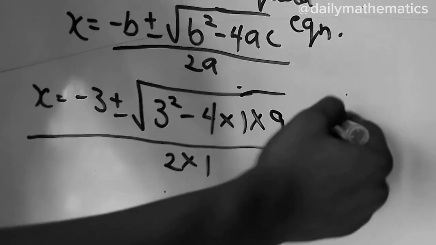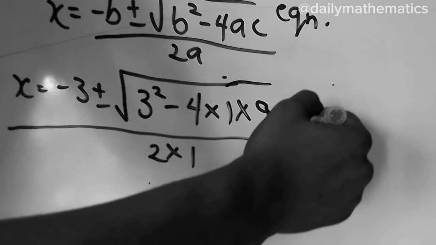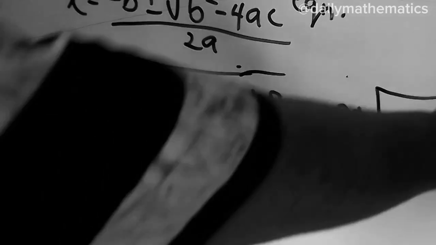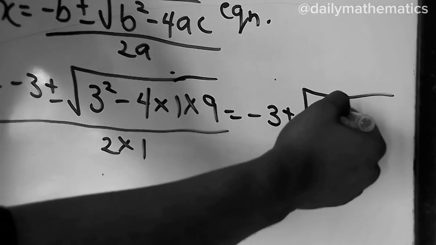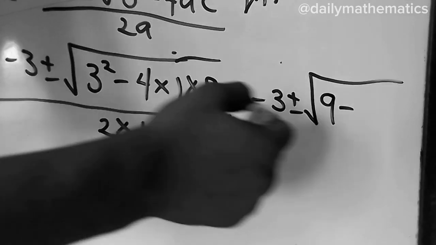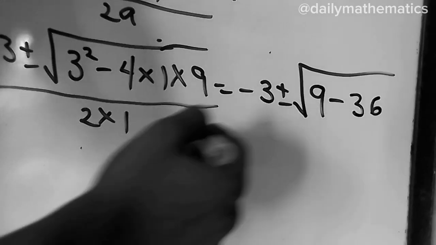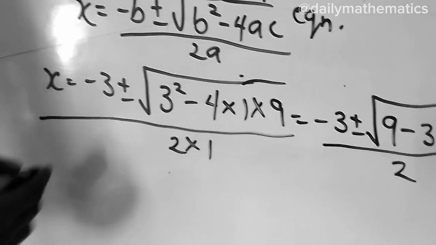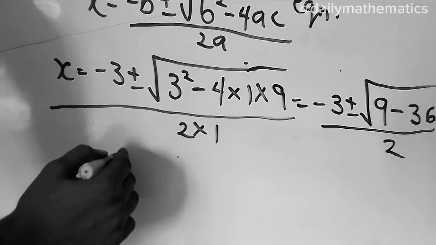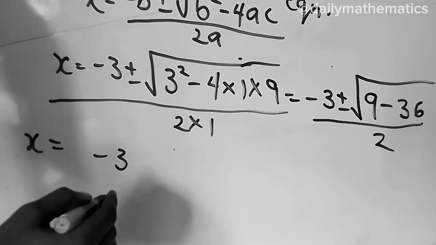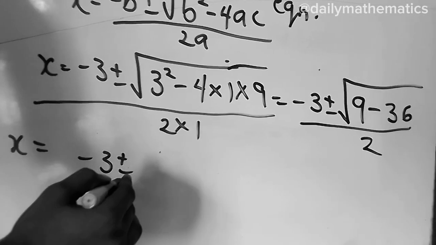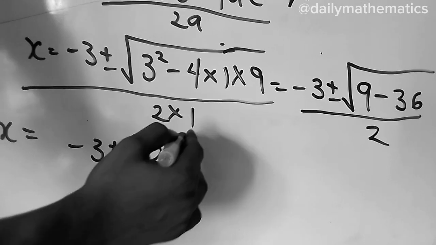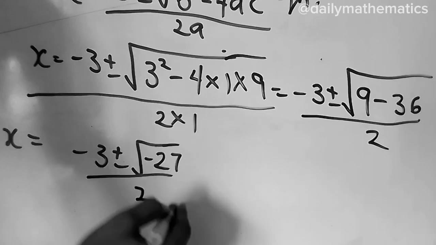So we have minus 3 plus or minus the square root of 9 minus 4 times 1 times 9, that's 36, over 2. 9 minus 36 gives us minus 27, over 2.